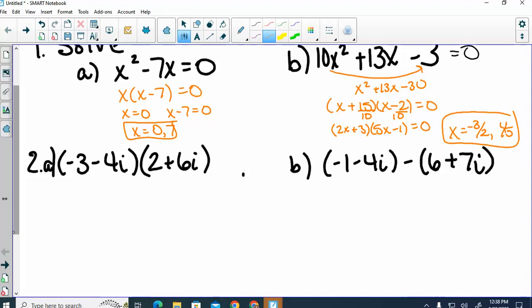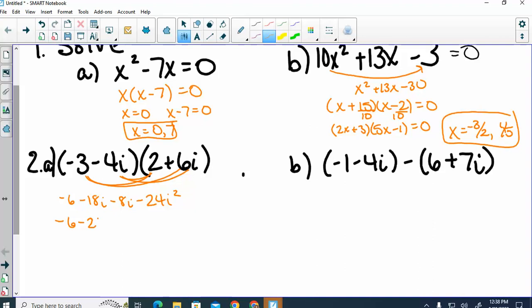Let's look at this. So what do I have to do here? Negative 6 minus 18i minus 8i minus 24i squared.